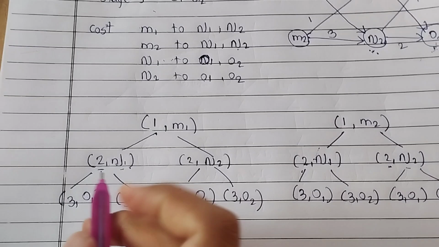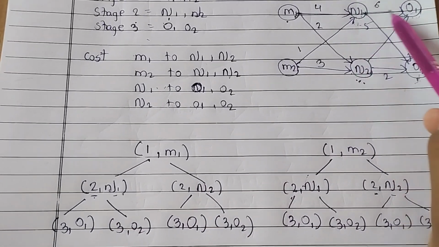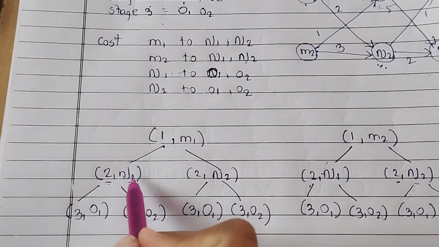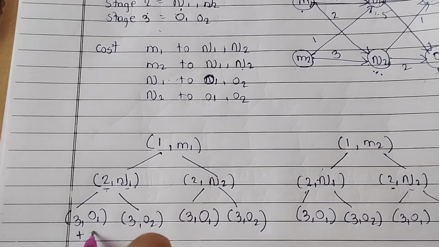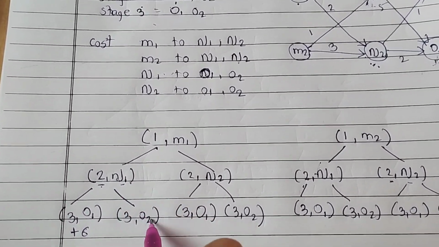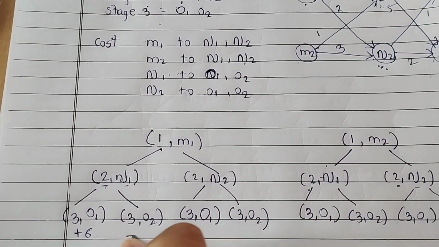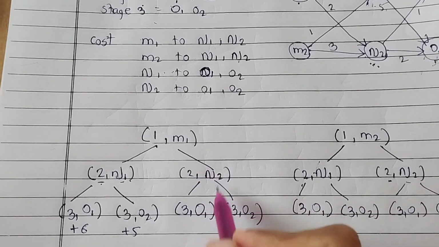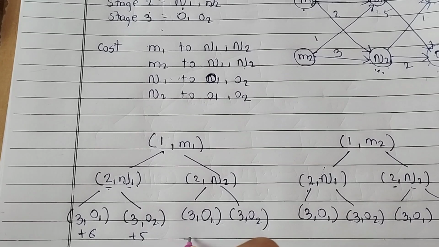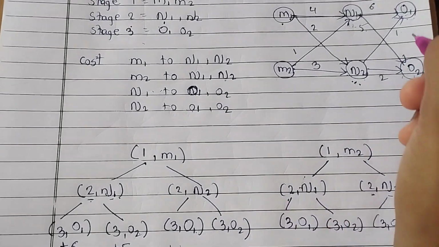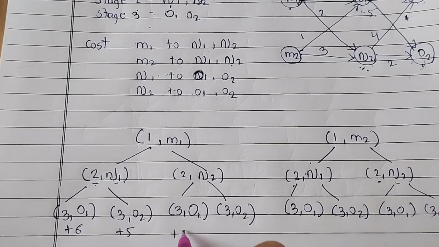Now we write the costs here. From this N1 to O1 the cost is 6, so we write plus 6. This N1 to O2 cost is 5, so we write 5. N2 to O1 cost is, let's suppose, 4, so plus 4.